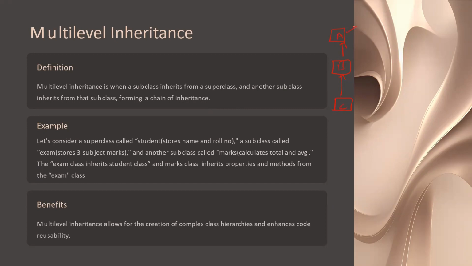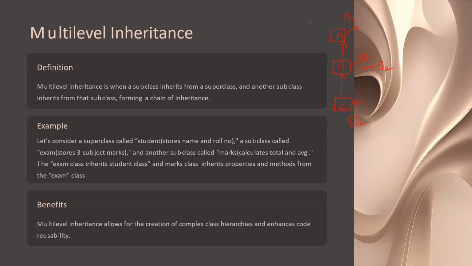Now this A class is going to act as base class, Base 1 I'm going to say, and this B class is going to act as derived class, and base class for your C class. And C class is going to act as your derived class.